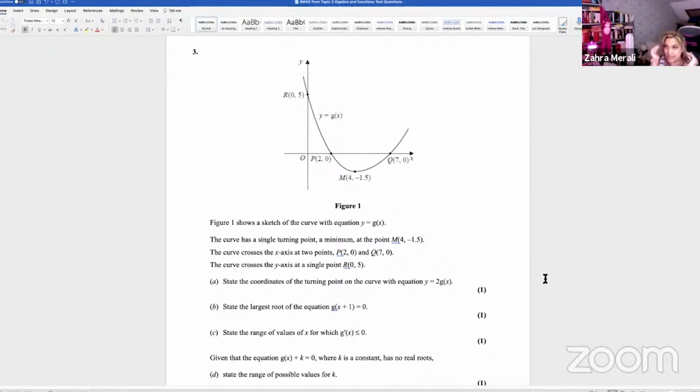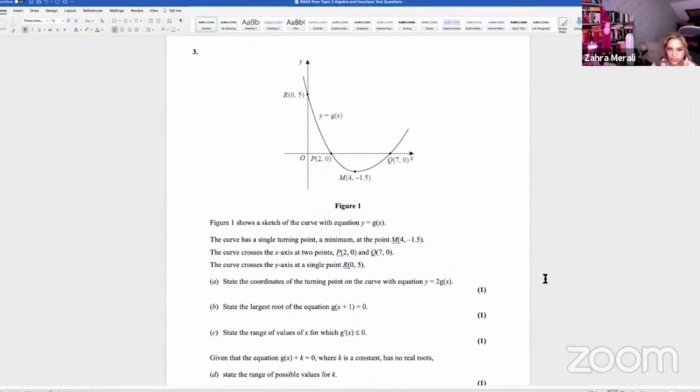So the x's inside the bracket are doing the wrong thing. So if it says +1, it's really -1. If it's -1, it's really +1. If it's something inside the bracket multiplied by 2, you're really taking the coordinates and dividing it by 2. The only time this doesn't really apply is if it's just a minus, then there isn't an opposite, if you like, to that, you just flip it.